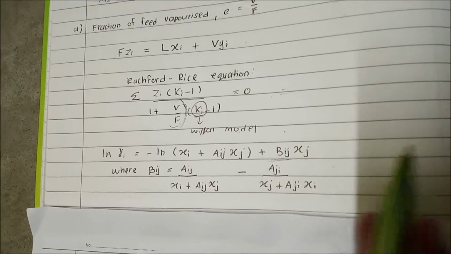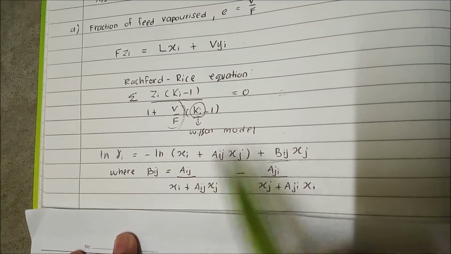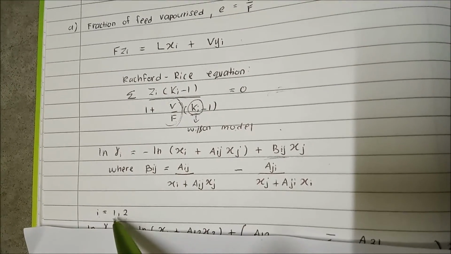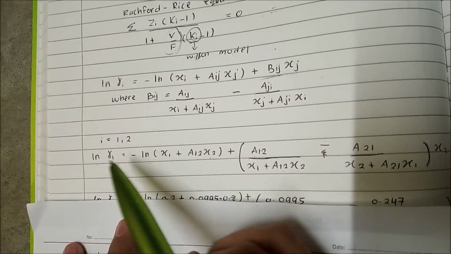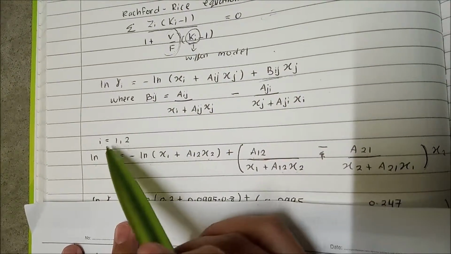Okay, so this is the Wilson model. I've already rewritten it. I and J here represent our components, which are component 1 and component 2. First we're going to substitute i as 1.